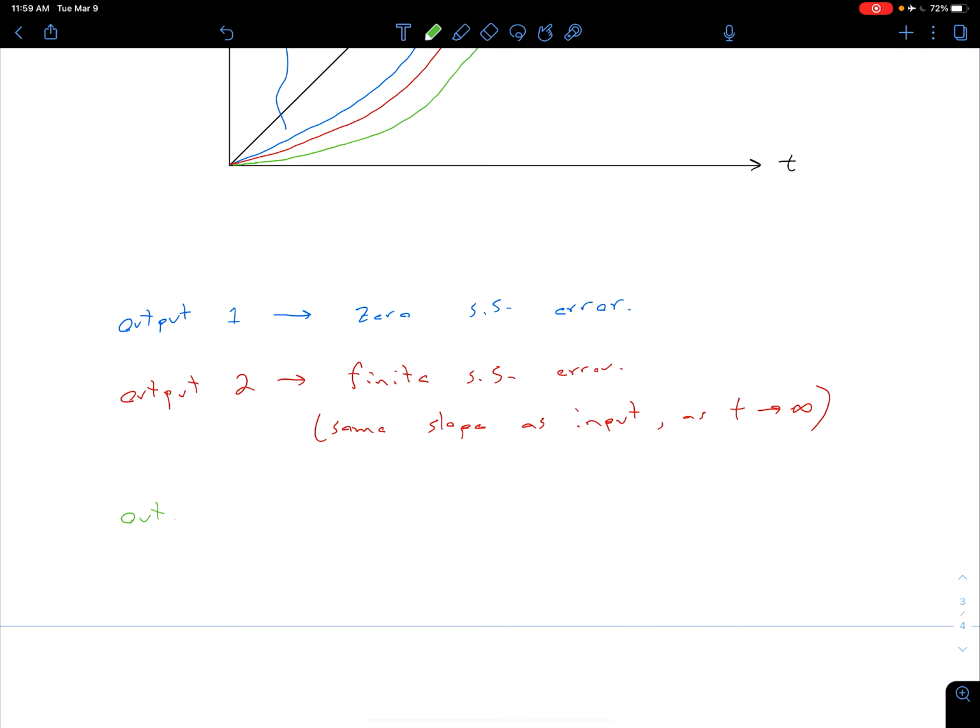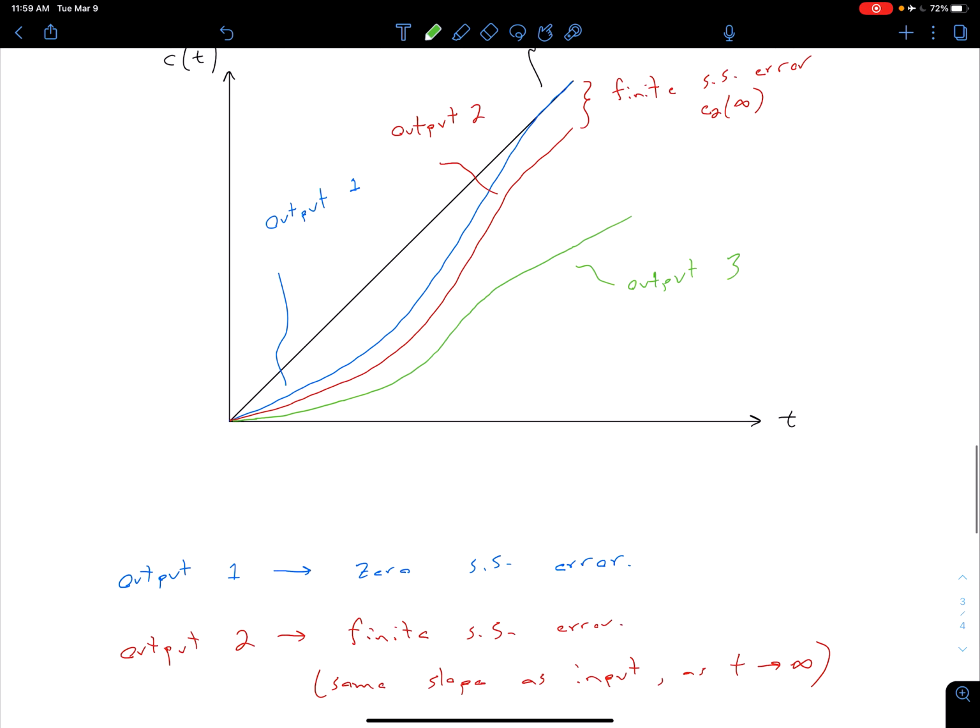So let's come down here and say output 3 is going to have an infinite steady state error. And that's because we have a different slope from our input as our time is going towards infinity.